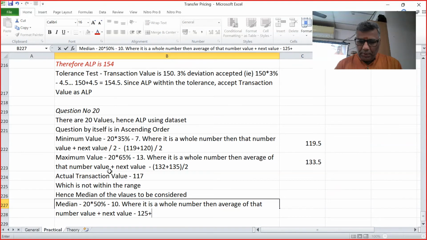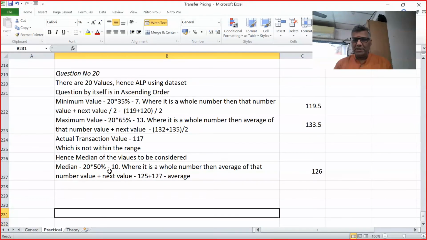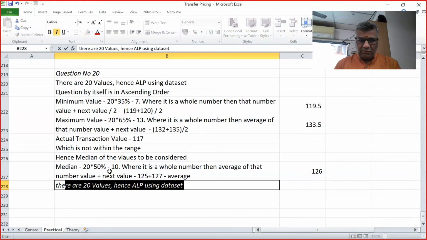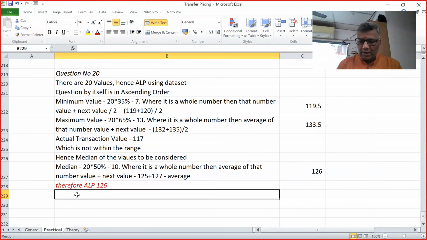125 plus 127 divided by 2 is 126. Therefore, ALP is 126.